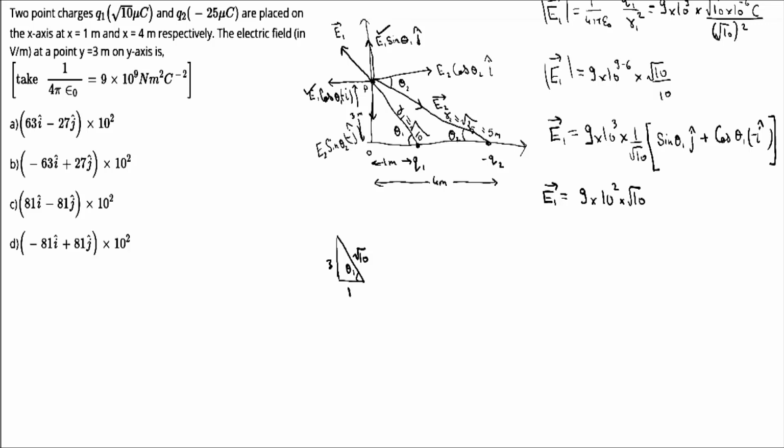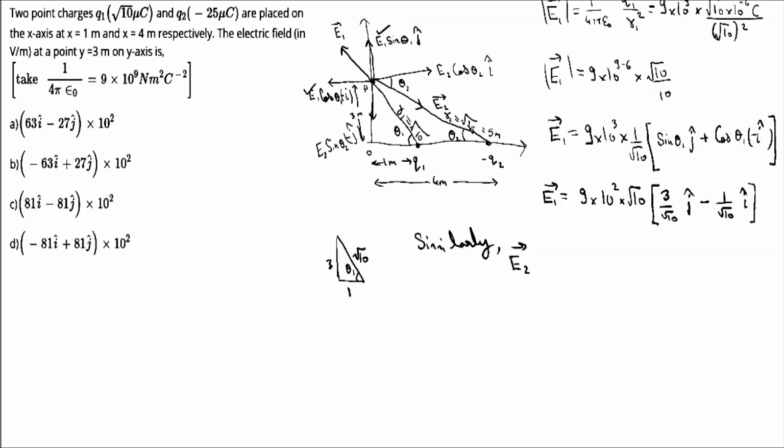So the sine component we will have is 3 divided by under root 10 j cap, and this is negative, so I write negative here, it will be 1 upon under root 10 i cap. So this is the E1 value. Similarly, we will find the value for E2.